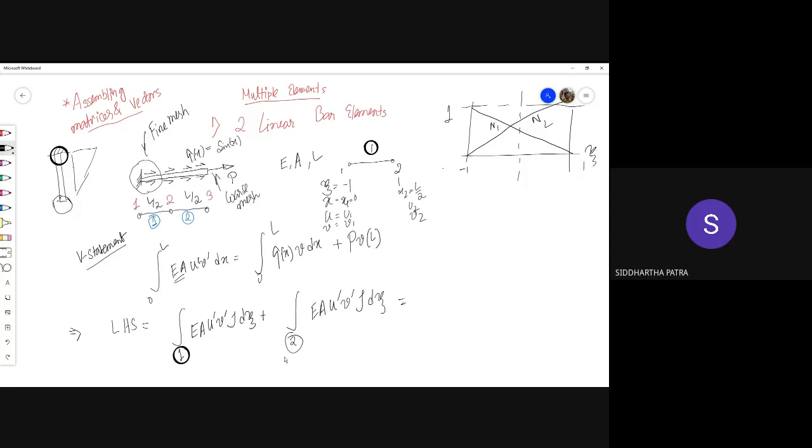Now if you recall from our earlier case, when I'm integrating EA u prime over a given element, it should not be 0 to LE. Let's say from x1 to x2. I should also be writing it to be dx, because for xi I know the limits.